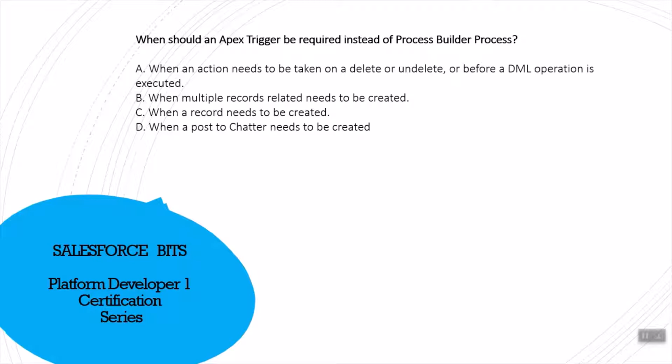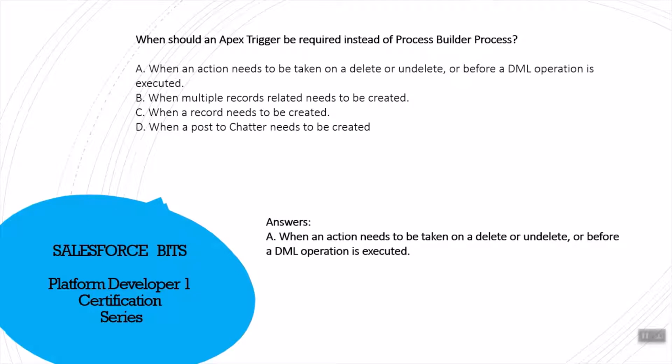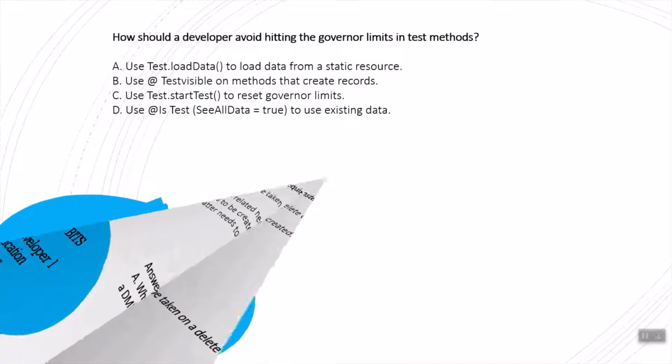Apex trigger is not required, and even when a record needs to be created or when a post needs to be created, all these are like post insert operations. So when you want to do anything which needs to be done before any DML operation, or you need to do a delete or undelete, then you need an Apex trigger. Yes, the correct answer is A.